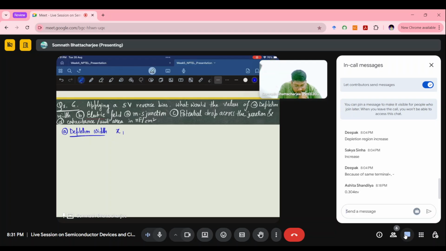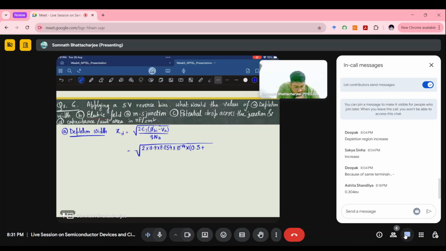So depletion width is xd, which is nothing but the square root of 2 epsilon s times (psi bi minus Va), where Va is the applied voltage, divided by q Nd. Now, if we put all the values here, this would be 2 into 11.9 into 8.85 times 10 to the power minus 14 into 0.3.